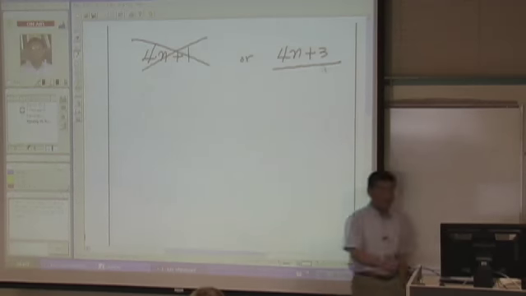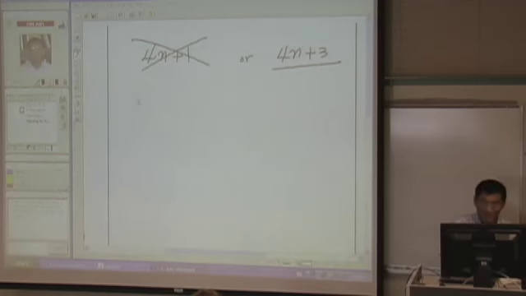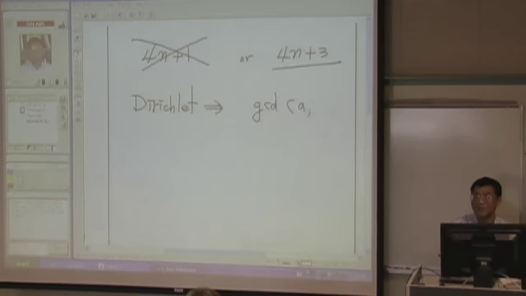But as I mentioned before, I will repeat it. Dirichlet showed this thing. For any A, B combination with GCD equal to 1, the set of A times something plus B has infinitely many primes.